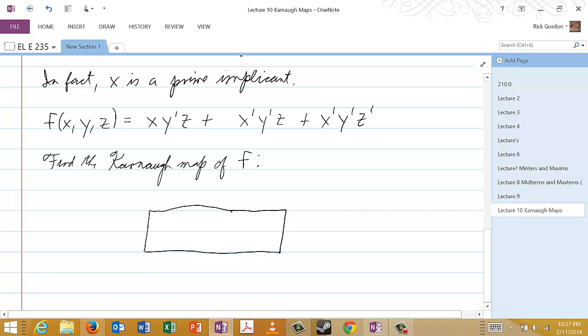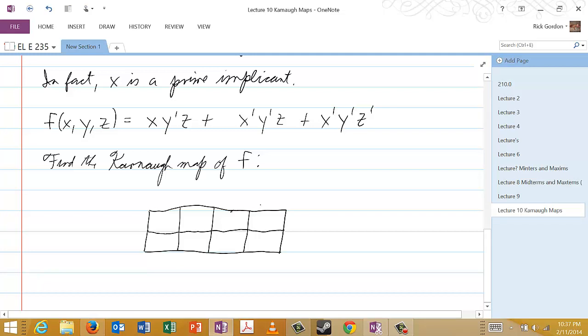A Karnaugh map is always going to be in a rectangular form, and it will always have boxes, or we'll call them cells, in it. And the number of cells in a Karnaugh map will be equal to 2 to the n power, where n is the number of Boolean variables. So in this case, since there are 3 Boolean variables, and 2 to the third is 8, we see that there are 8 cells in this Karnaugh map.